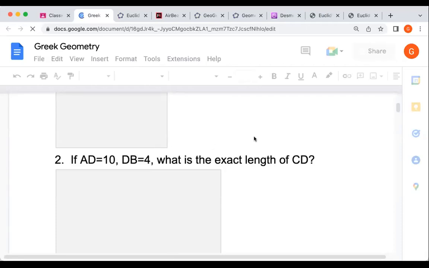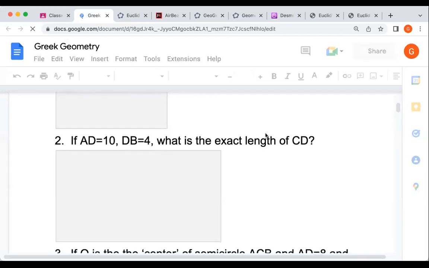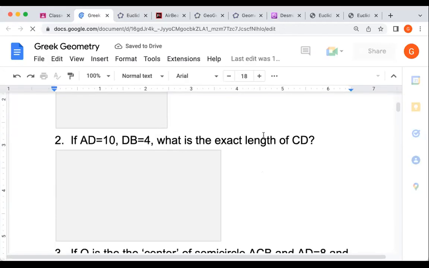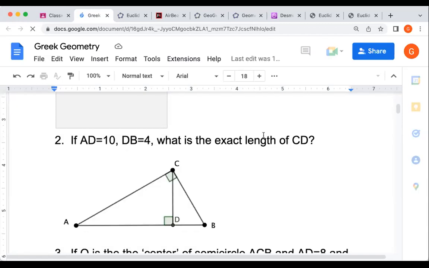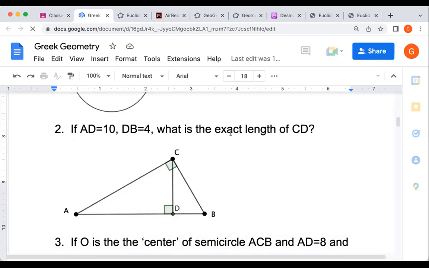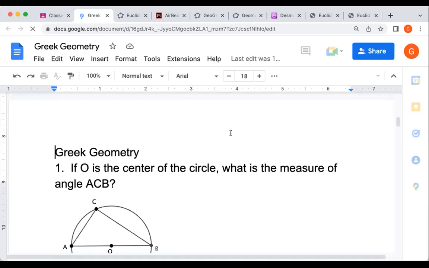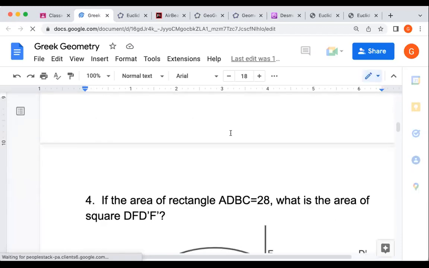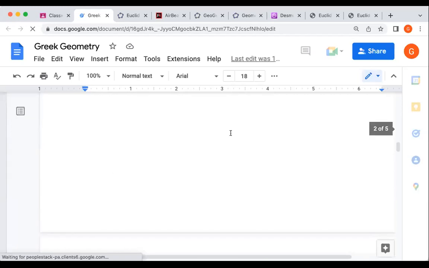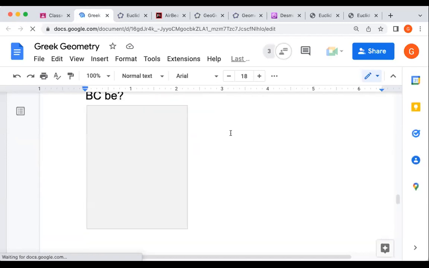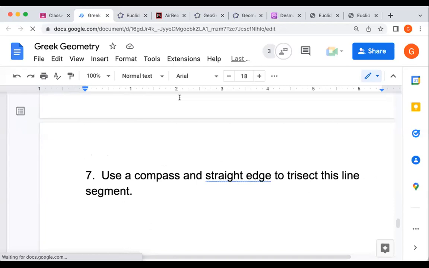I don't think we could do question 2 either. Rats. Hold on. Let me just see what this shows. Okay, so all we could do is question 1. We can't do 2 and 3 because that was based on the next one. We can't do 4. Okay, but we can do 5, 6. We can't do 7. We can't do 8.